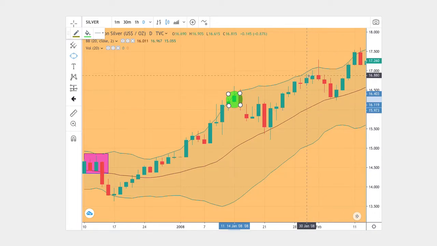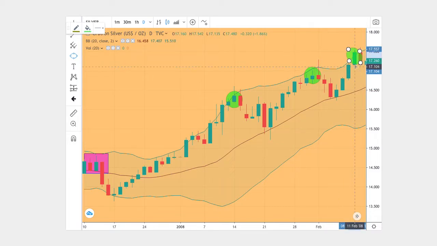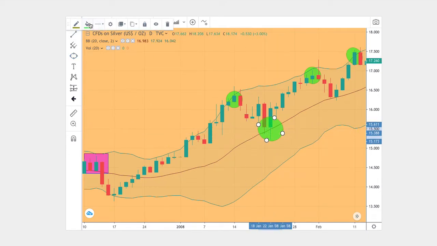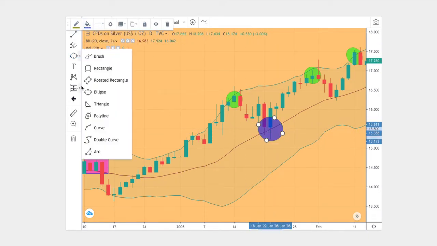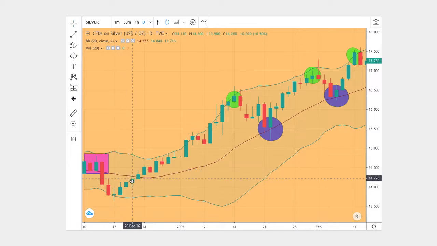So let's just mark all the upper Bollinger Bands, one right there, and finally one towards the end. In between the upper Bollinger Bands, we have it revert to the mean, and once more right there. So we start to see similar patterns and trend shaping.